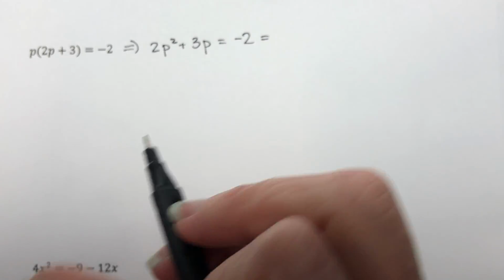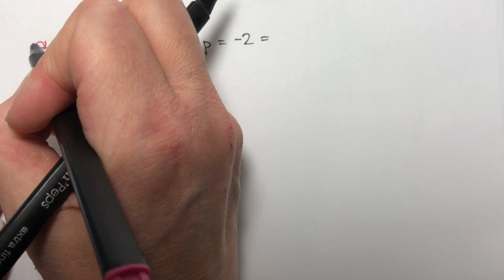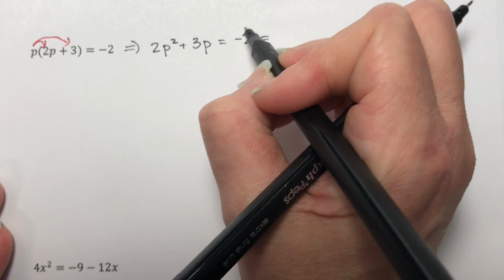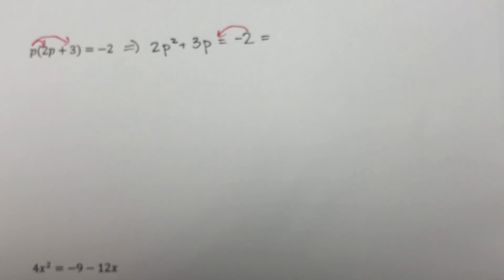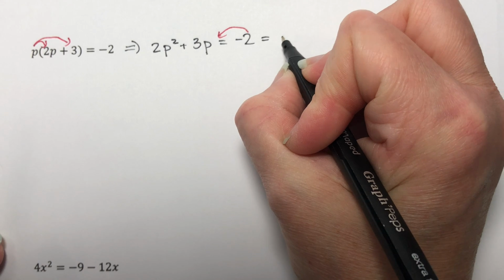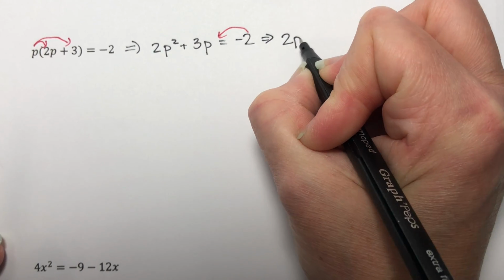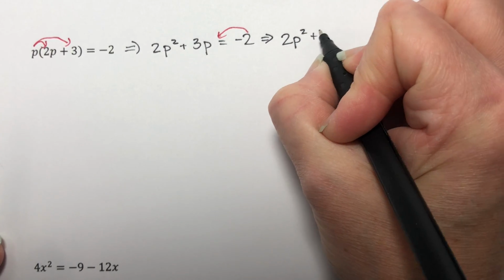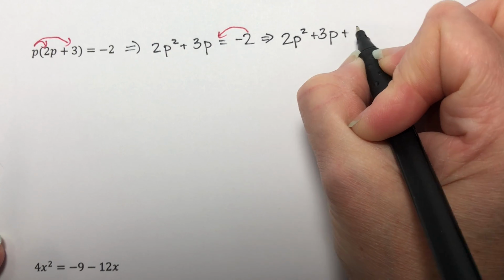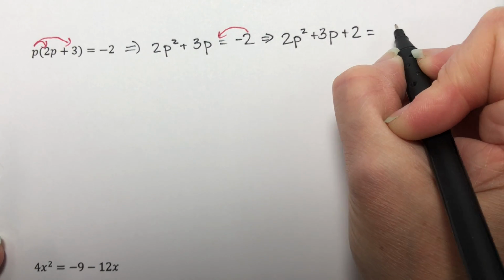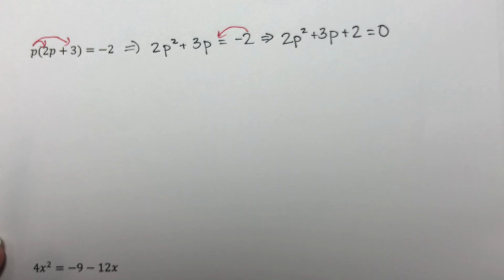Now we need our 0, so I move this negative 2 over to here so that I have 2p squared plus 3p plus 2 is equal to 0.